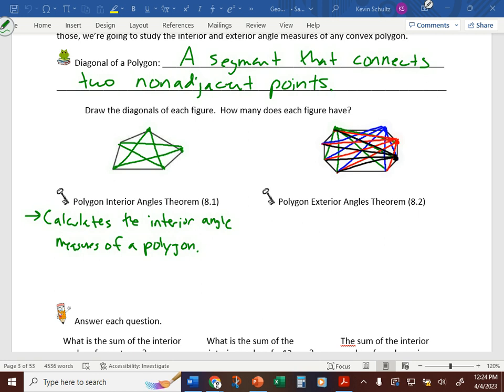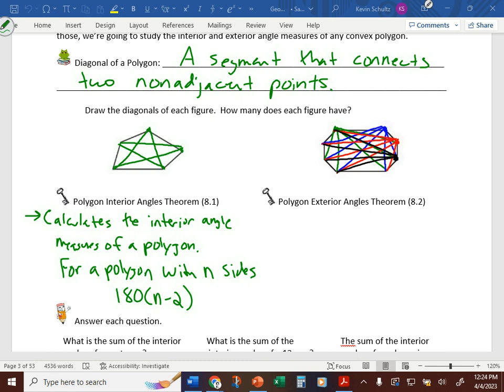And so how do you calculate that? The formula for a polygon with n sides, this is the theorem here, n being 3, 4, 5, 6, whatever, your formula is 180 times n minus 2.